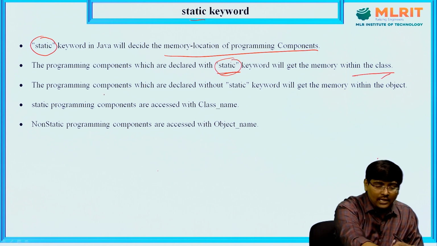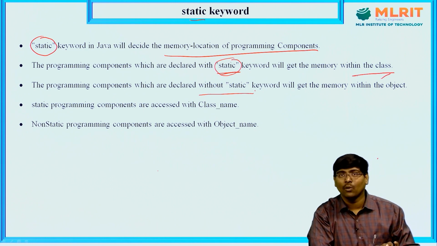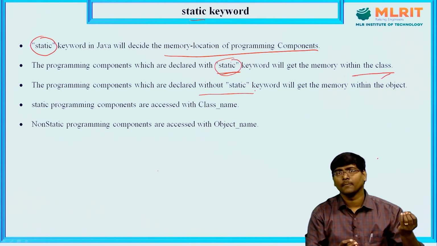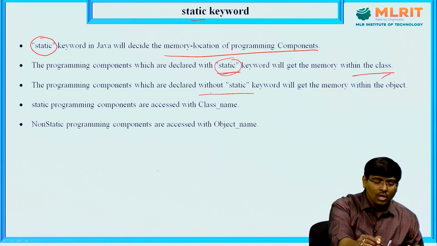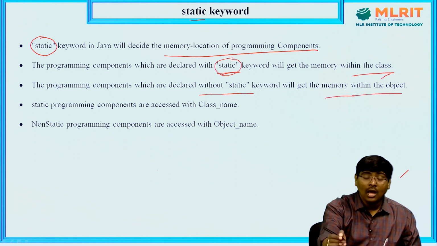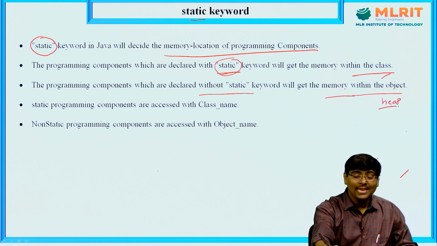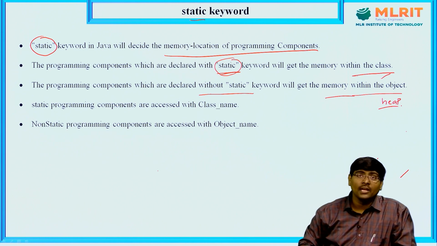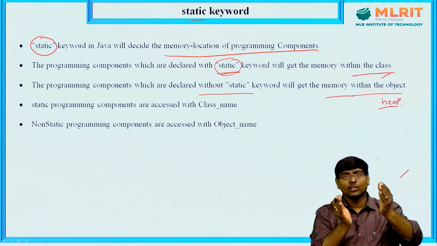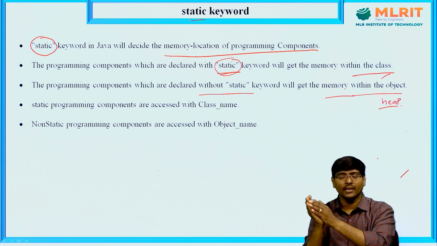Now, any component that is declared without the static keyword, up to now we are using int a is equal to 5, there is no static. Any variable without the static keyword will get the memory within the object. Within the object in the sense the memory name is heap memory. So clear? With static, without static. With static means the memory is allocated in the class. Without static means the memory is allocated in the heap.